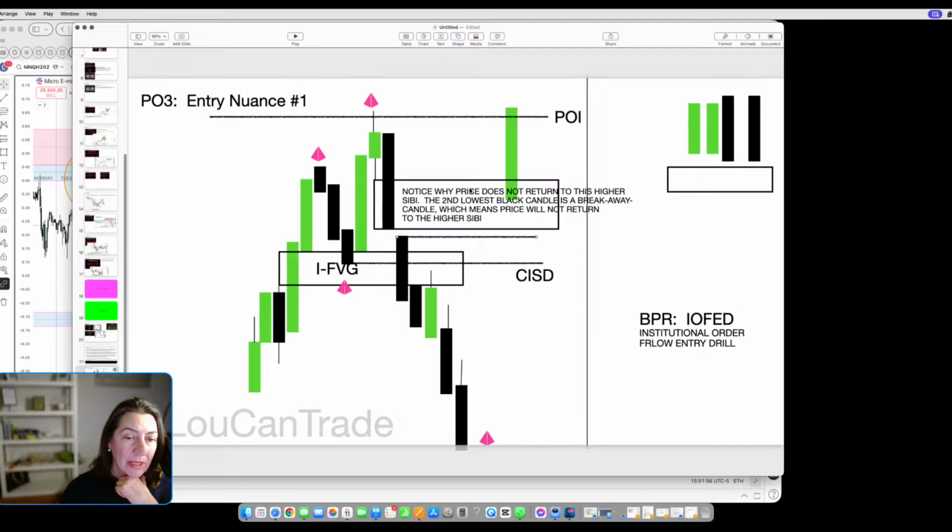And if you're new to this, I would suggest you just choose one nuance entry and you just stick to that until you become really, really good at that. And then in time, you can add other nuance entries to your protocol. But for now, don't try and trade everything. Just choose one type of entry, and stick with that. So I hope this has been helpful.